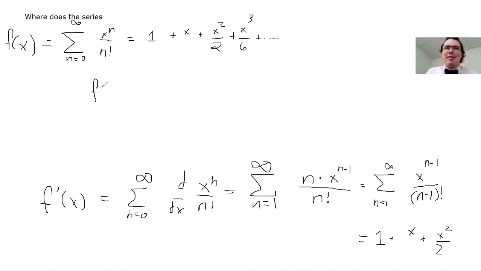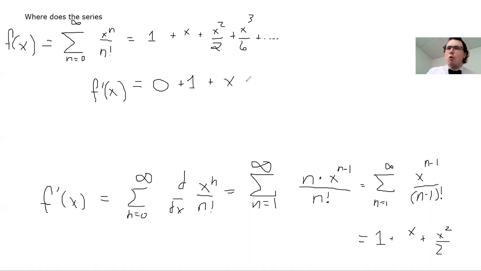When I calculate the derivative of this function, again, because this is a power series, I can do this differentiation on each separate power of x. What is the derivative of 1? It's 0. What is the derivative of x? It's 1. What is the derivative of x squared divided by 2?